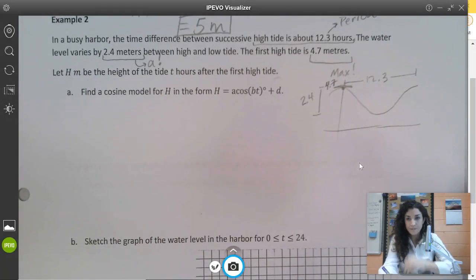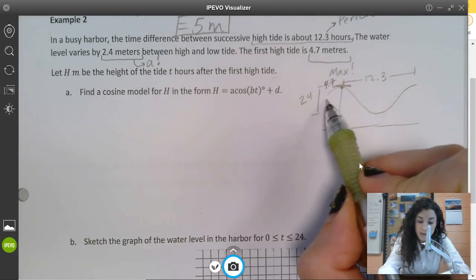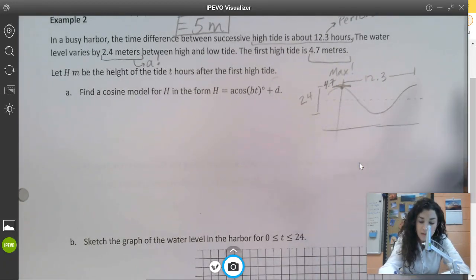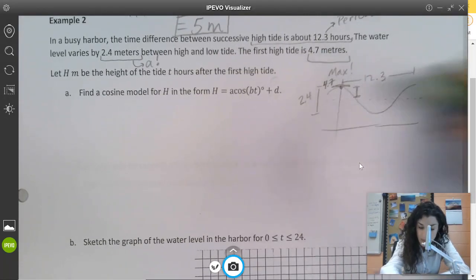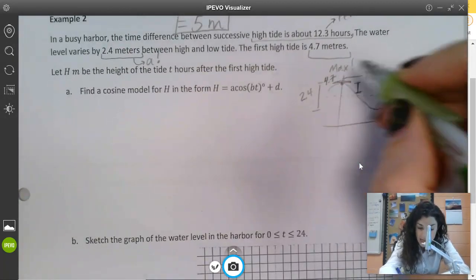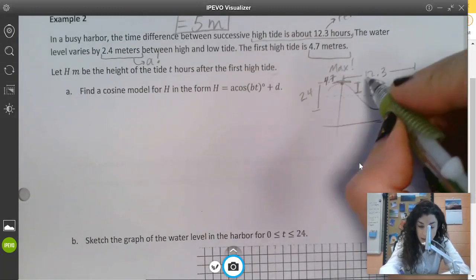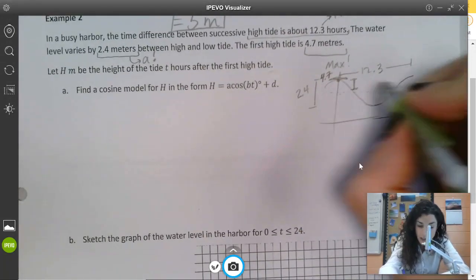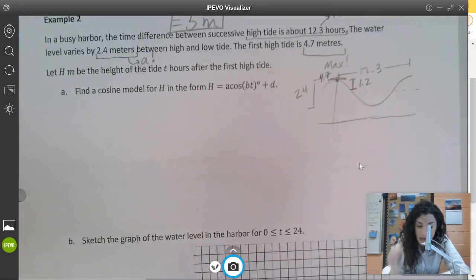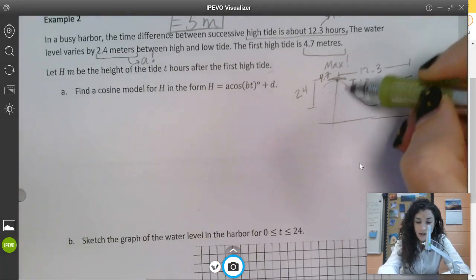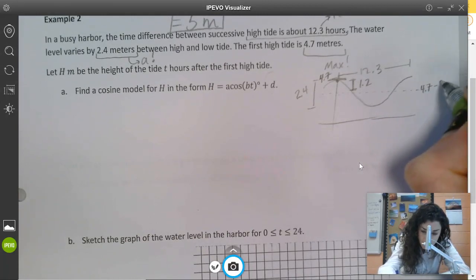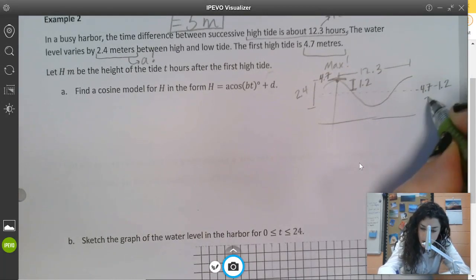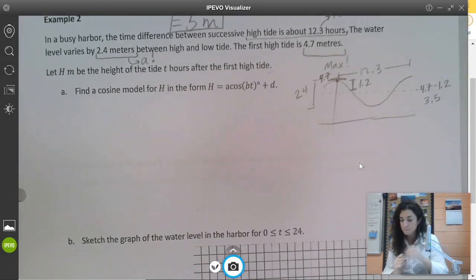To find the principal axis, we know it's going to be one amplitude down from the maximum, and the amplitude is half of this total distance. Half of 2.4 is 1.2. So the principal axis would be 4.7 minus 1.2, which is 3.5. Your principal axis is at 3.5.